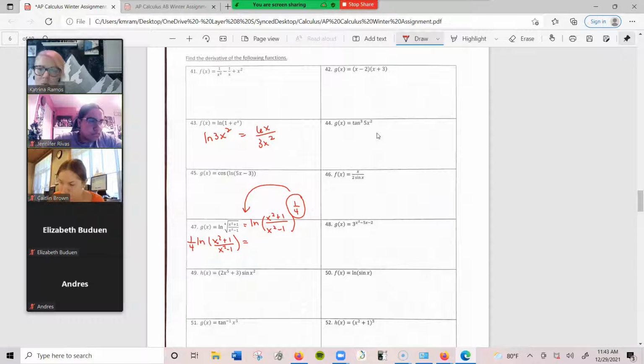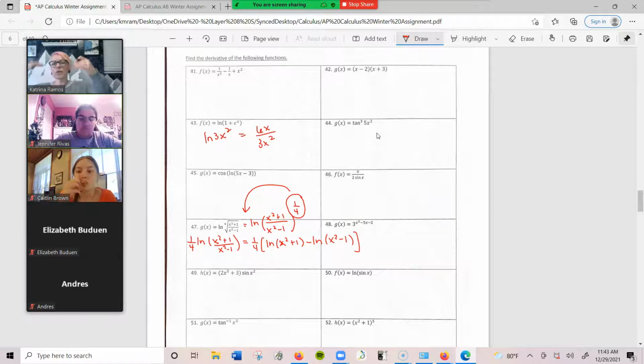So this is 1/4 of ln of x squared plus 1 minus the ln of x squared minus 1. Always the numerator and then minus the ln of the denominator. Does that make sense?